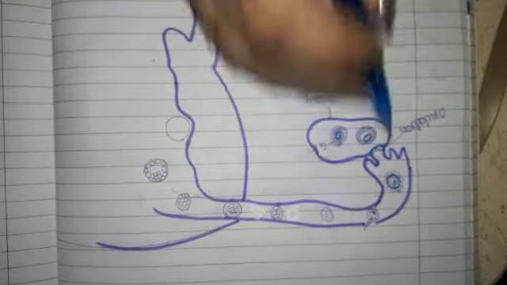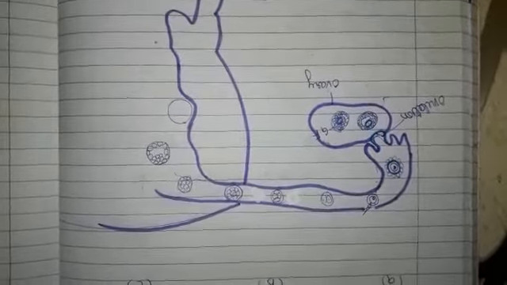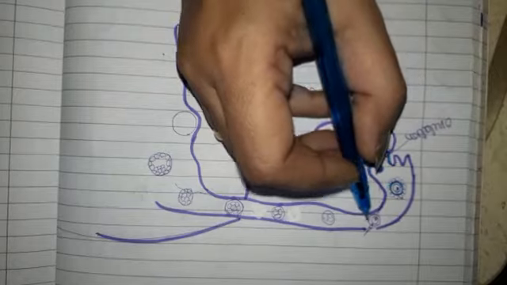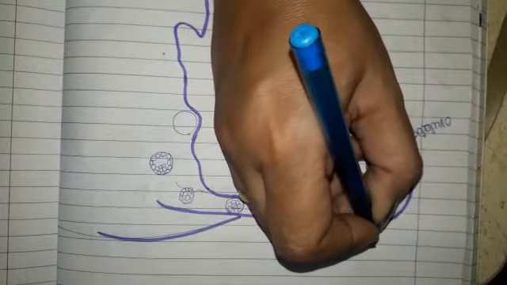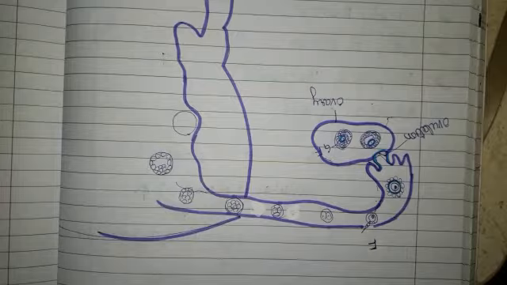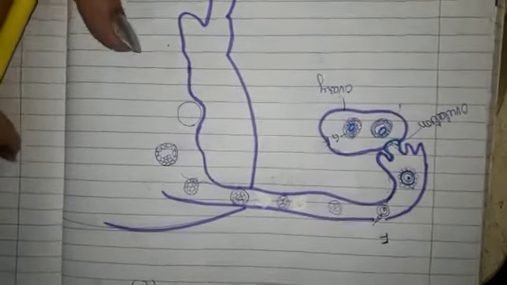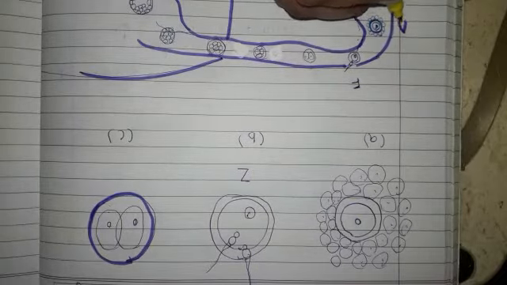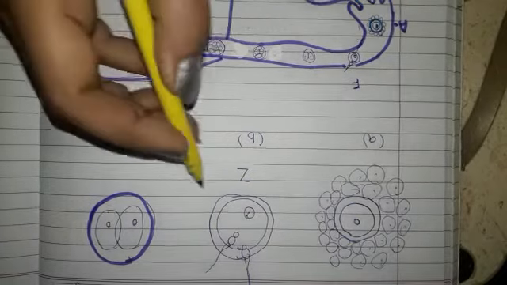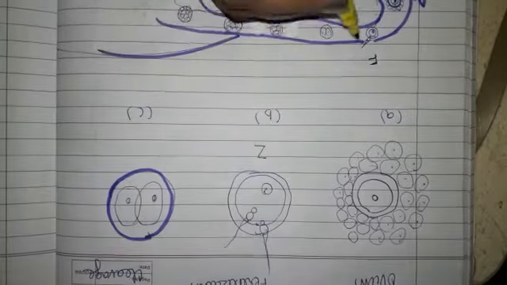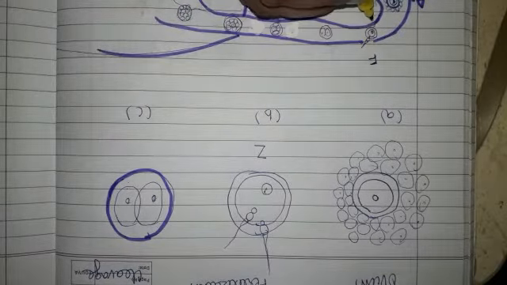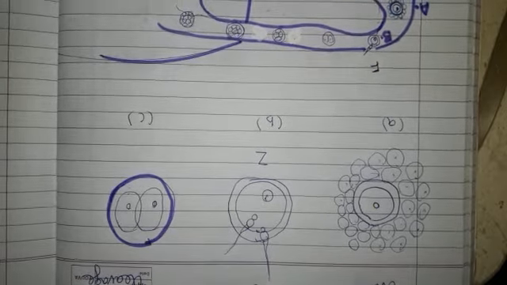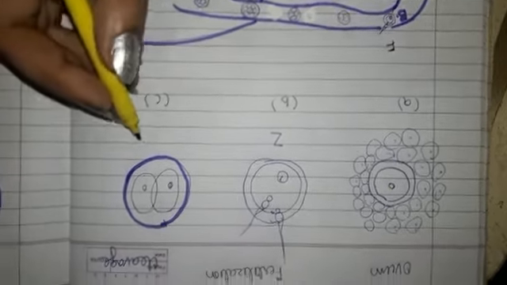Sperms reach the fallopian tube after insemination. Now the ovum is fertilized. This process is fertilization. This egg that is released was stage A. Now the egg is fertilized, this is the fertilization. This is stage B. Now after fertilization, what was formed?